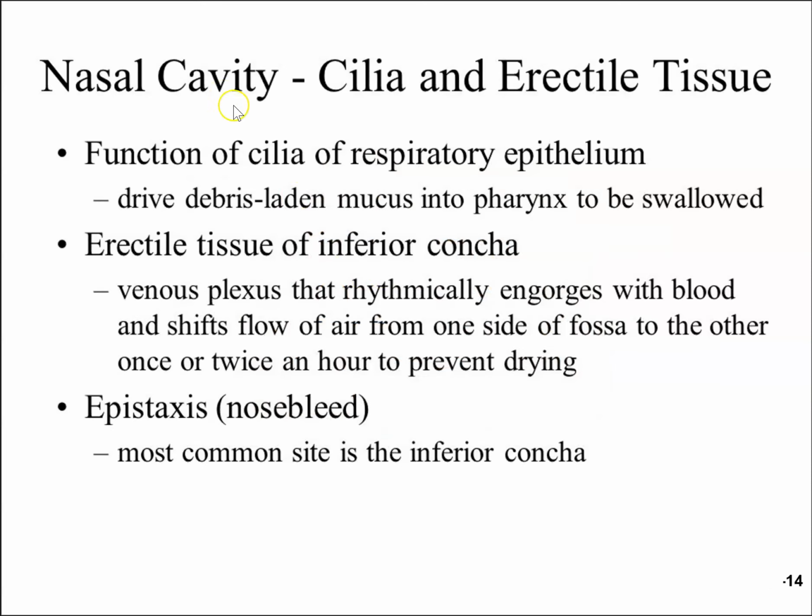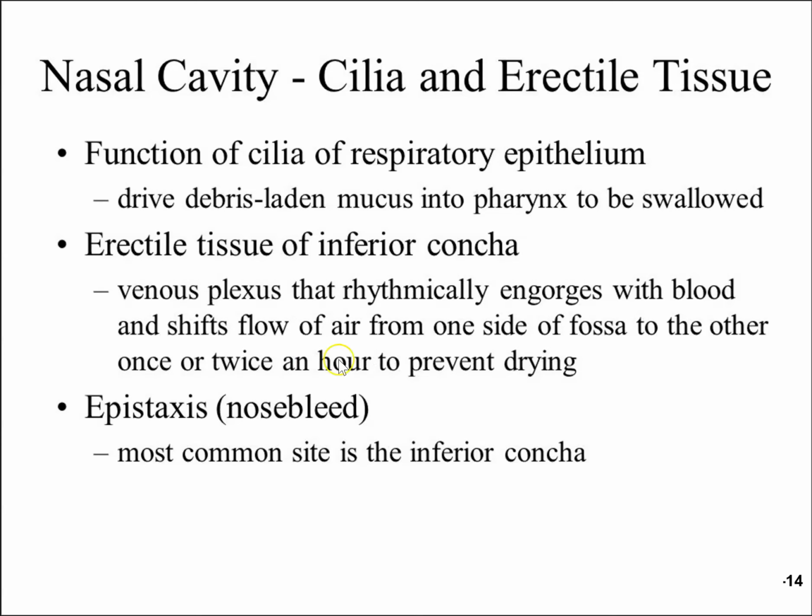The nasal cavity contains cilia to remove dust and debris. It contains erectile tissue of the inferior nasal concha that helps in warming the air due to the underlying blood vessels, and they also help in shifting the flow from one side to the other from time to time to prevent overdrying of the nose.